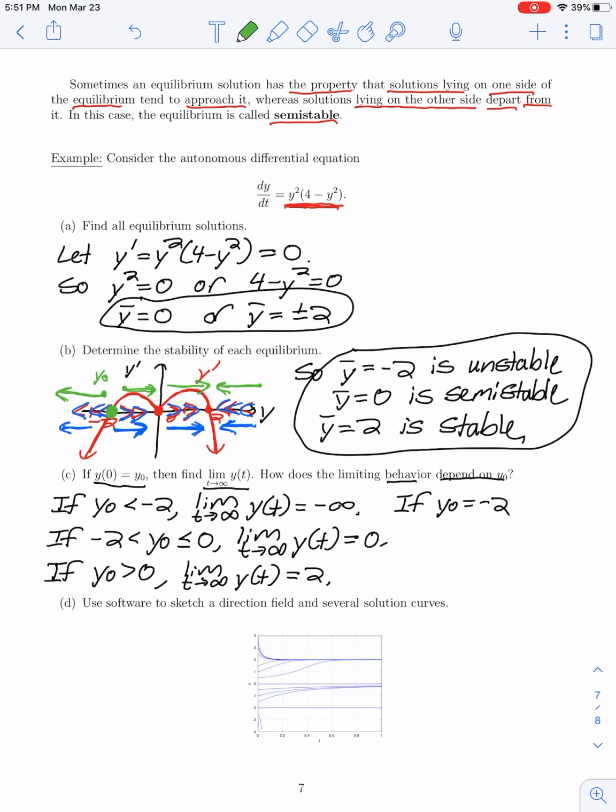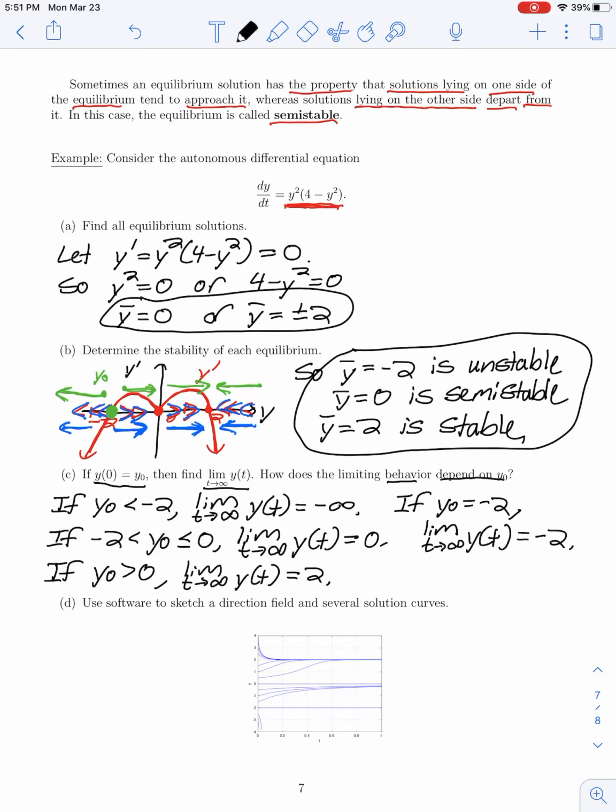That is, if I start exactly at this equilibrium value, then I'm stuck there forever. An equilibrium is a constant solution, or a point from which there is no change. So if I start at -2, I'm stuck there forever, and my limit would be -2.